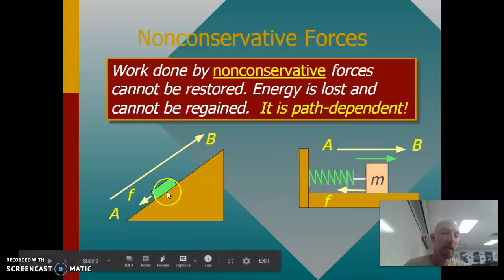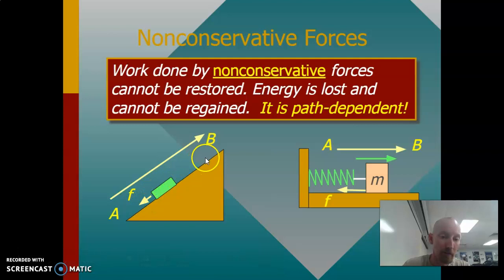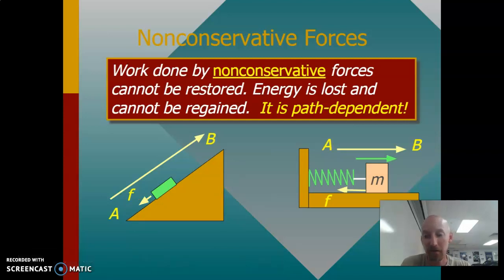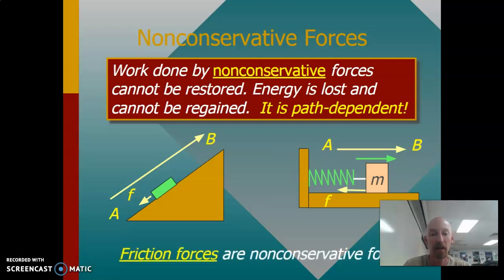If this block is going to go down, friction goes up. If you pull the block up the ramp, the frictional force changes direction. It's now down. Because of that, friction is non-conservative. Friction is always trying to take energy from us, so it's the perfect non-conservative force.